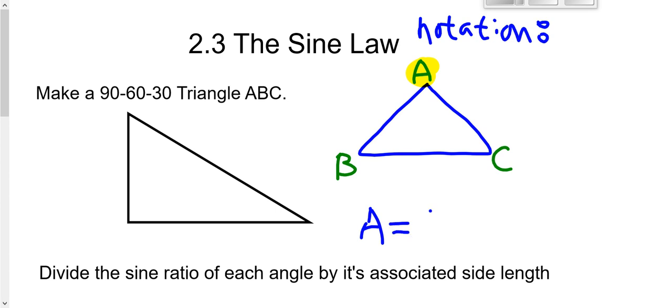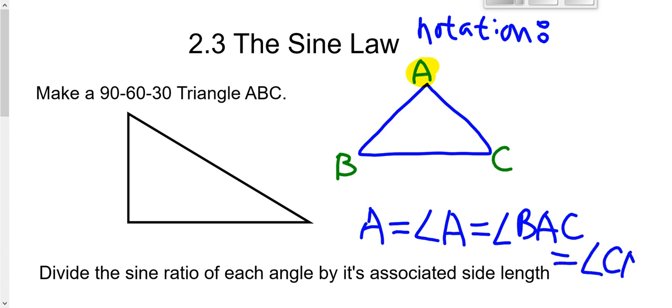Or you may see this, that means angle A. You may also see angle BAC. The one in the middle is the angle we are looking at. So BAC, this one here. Or you can also call this angle CAB. It's the same thing. CAB, the angle in between the two sides.